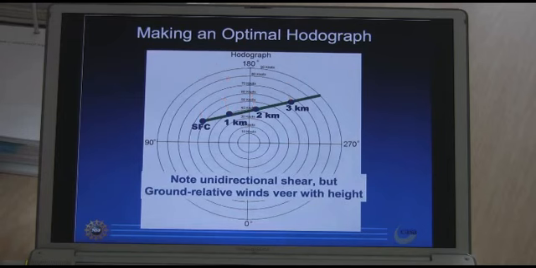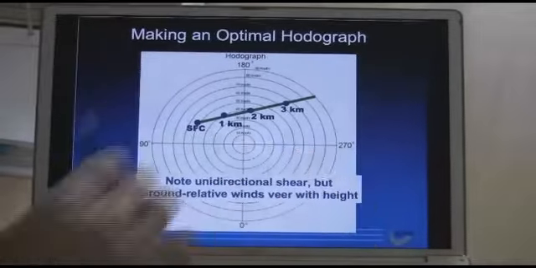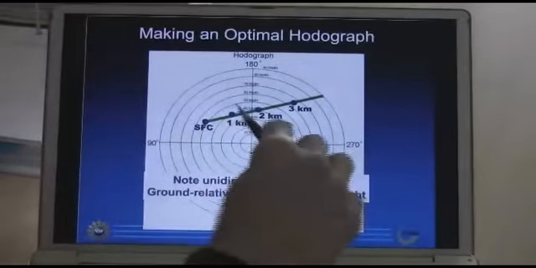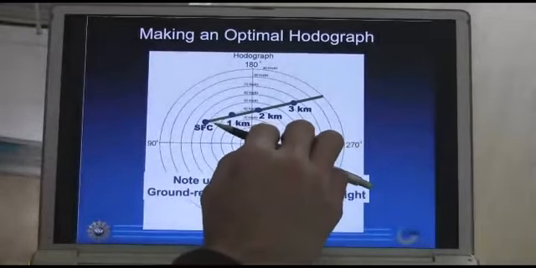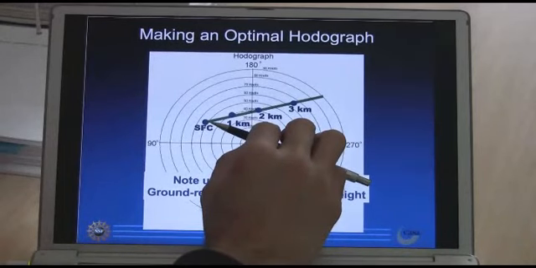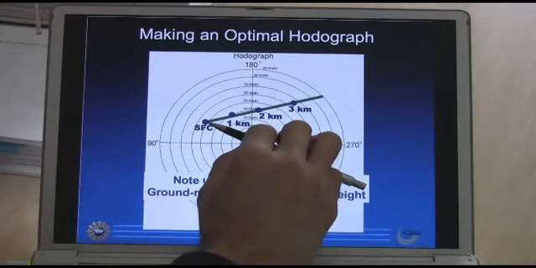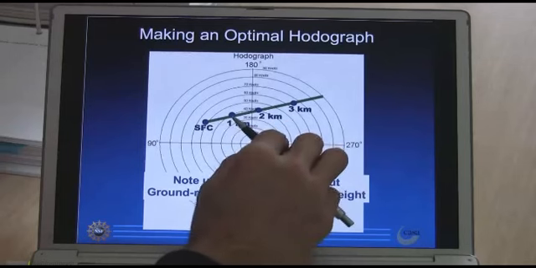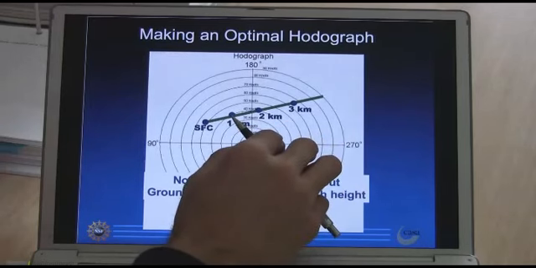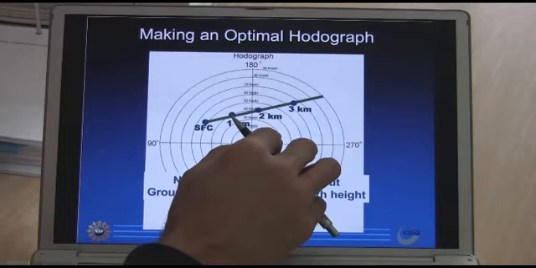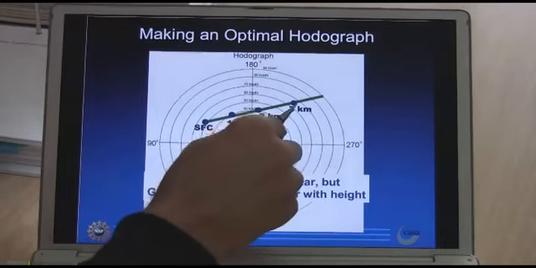So what are the ground relative winds? The ground relative winds from the surface are about, I don't know, from 110 degrees at 52 knots or so. At 1 kilometer it's like, say, from 135 degrees at 40 knots, at 2 kilometers like this, 3 is like this.